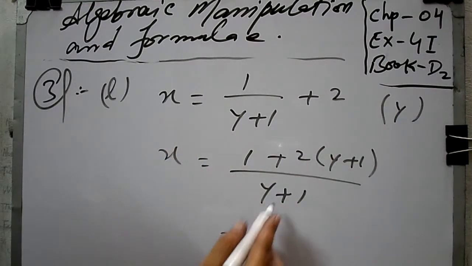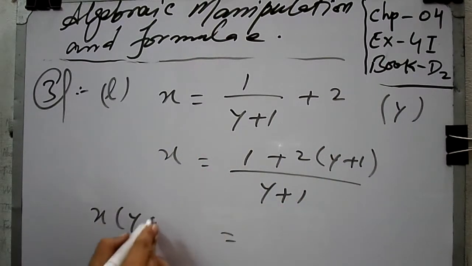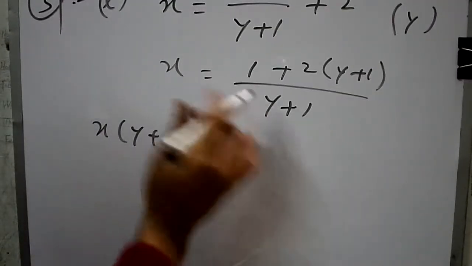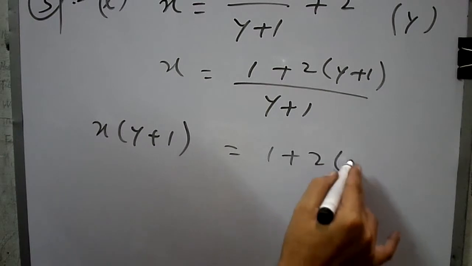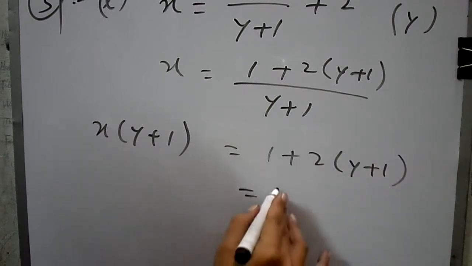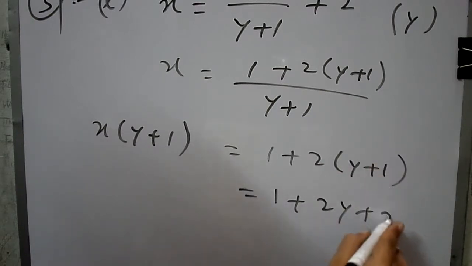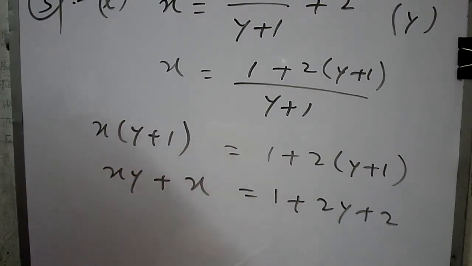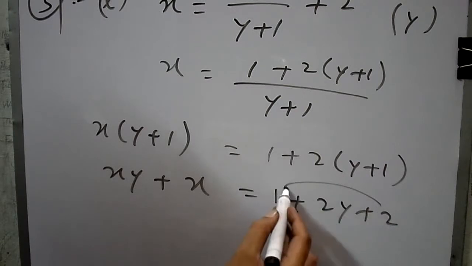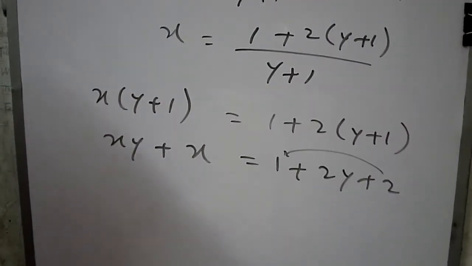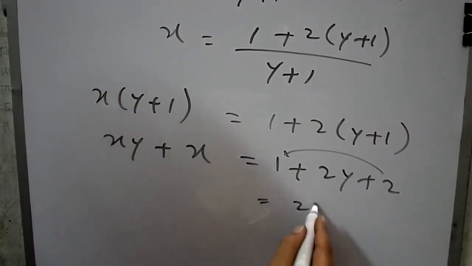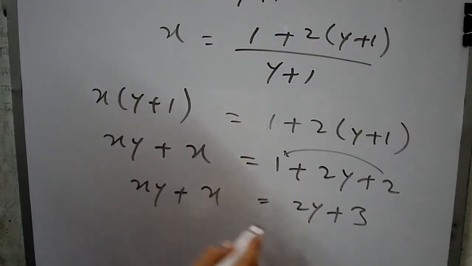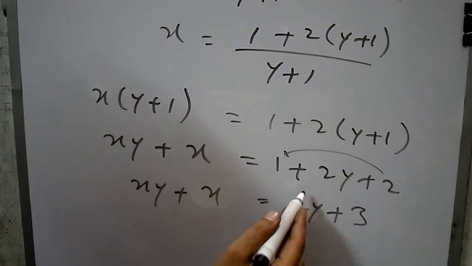So by using cross multiplication, you can see here, and 1 plus 2 into Y plus 1. So xy plus x. So you can see here the similar terms will be added with each other. So you will get 2y plus 3. Here xy plus x. But you need the value of y.